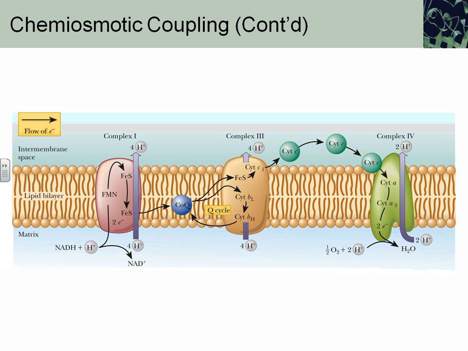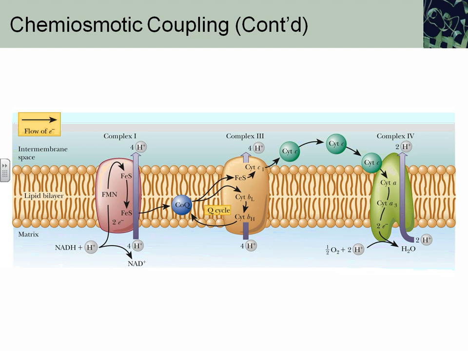We made 4 NADH molecules, 3 in the citric acid cycle itself and 1 in the decarboxylation step in which pyruvate was turned into acetyl-CoA. That gives us the equivalent of 10 ATPs, and we made 1 FADH2.